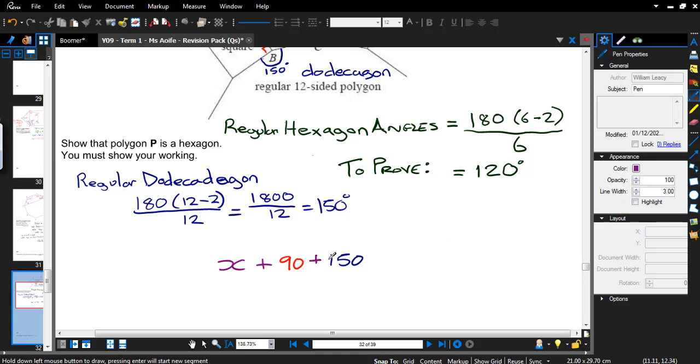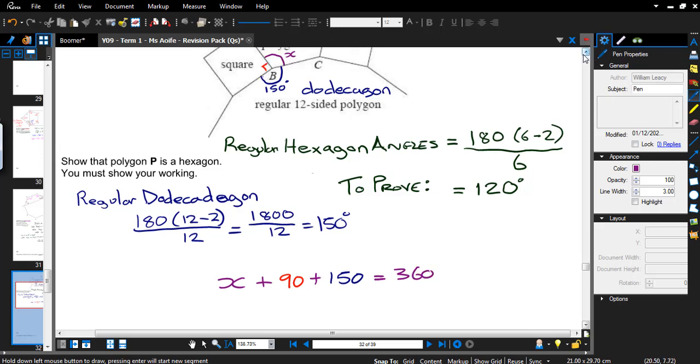Plus 150 equals 360. You know that, yeah? All them three added together equals 360. That implies, well, 90 plus 150 is 240. 360 minus 240 is 120. X equals 120 degrees, which we had to prove.